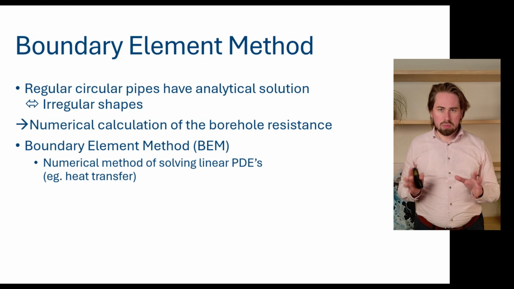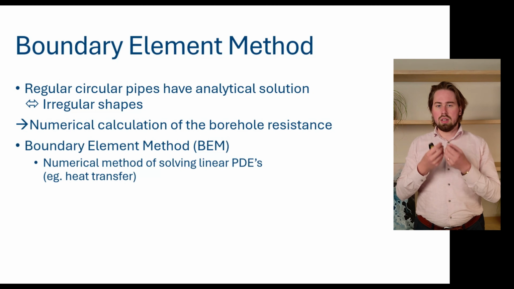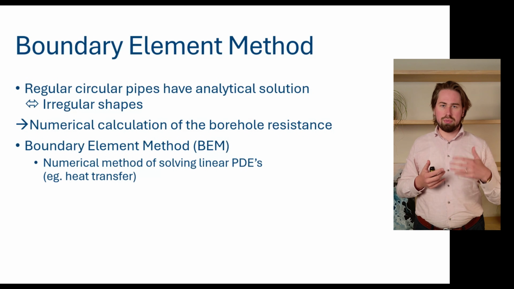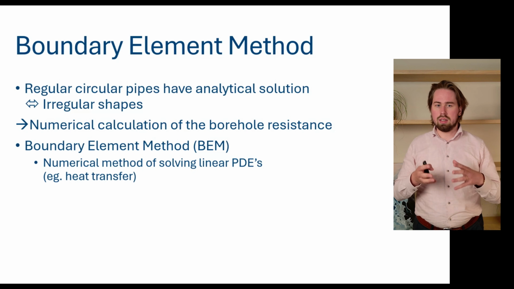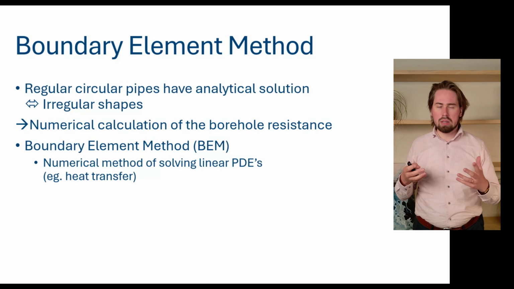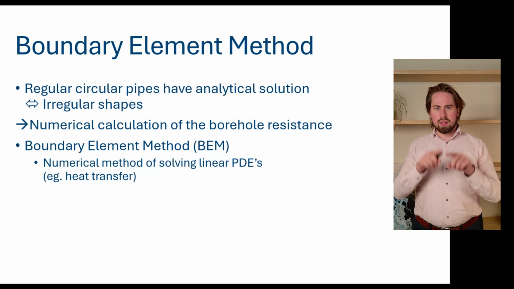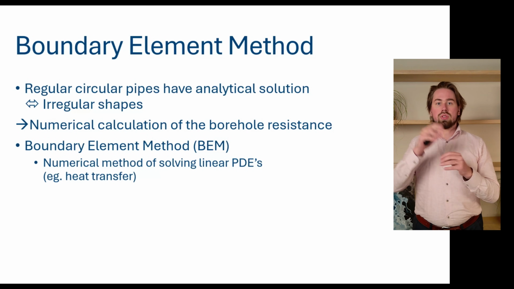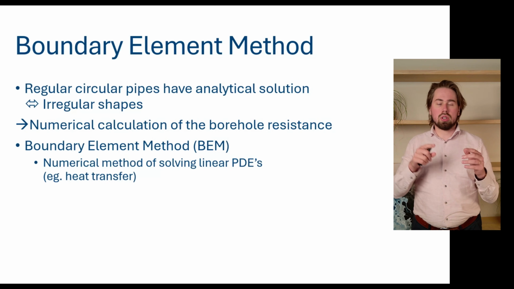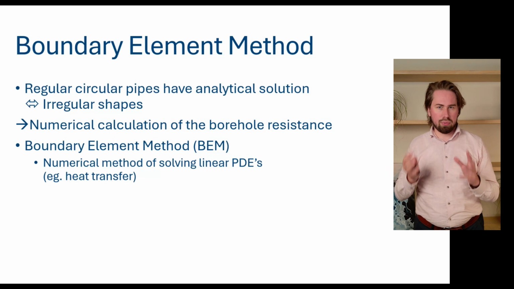Now, without going too much into detail, basically it's a numerical method for solving linear partial differential equations like the heat transfer equations in our case. So if you think about it, the borehole, if you take a cross section, you have two ellipses in it, and the heat transfer is of course two-dimensional. It's from one pipe to the other and from the pipe to the borehole wall and so forth.